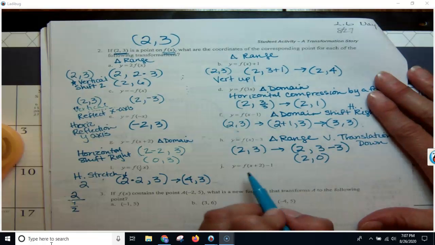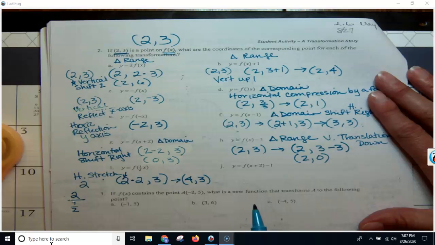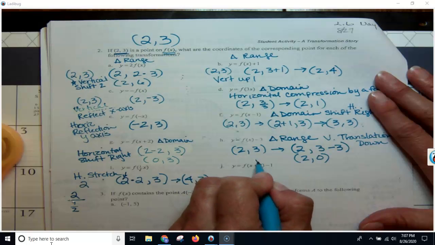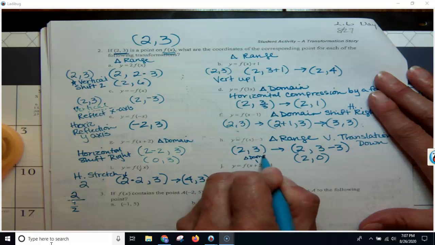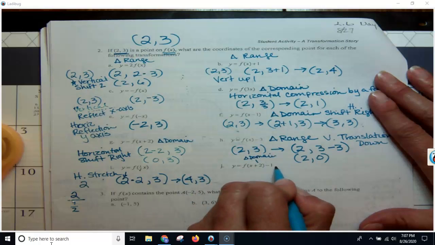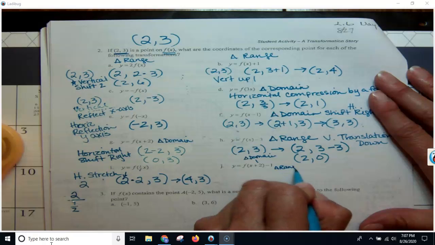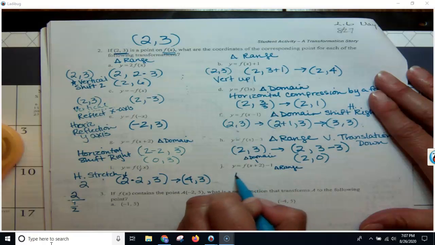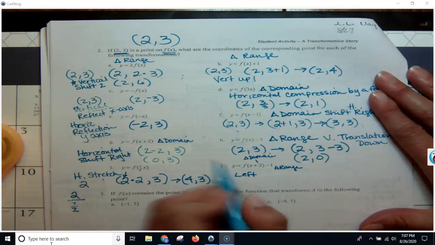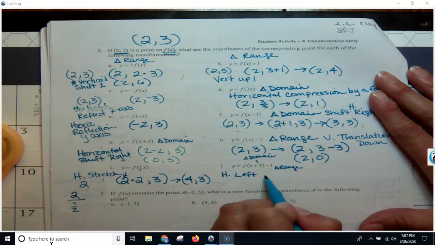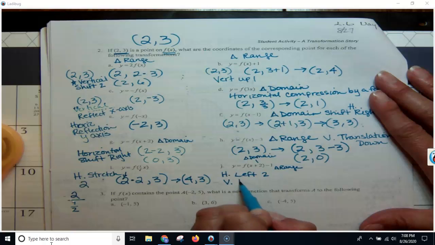All right. And then in this situation, you've got a change inside and outside the parentheses. So inside, this is going to be a change in your domain. And outside is going to be a change in your range. So we've got a horizontal shift left by 2. We've got a vertical shift down by 1.